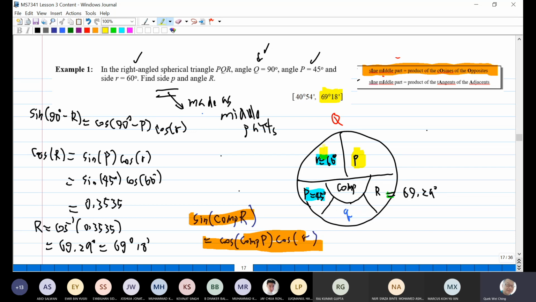So I use a different color now. Let me use a blue color for adjacent now. This one. Okay, blue color, let's write down the answer.